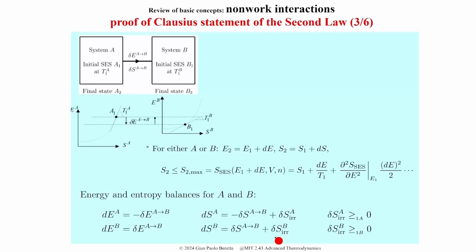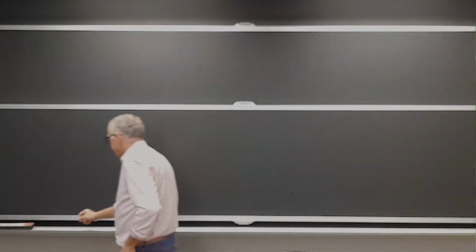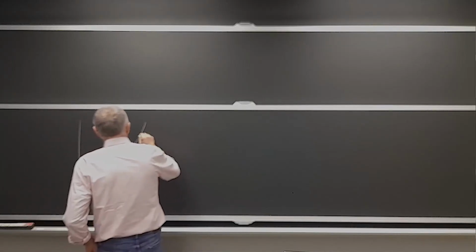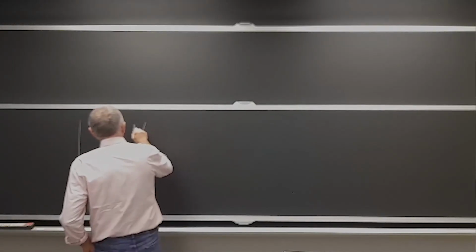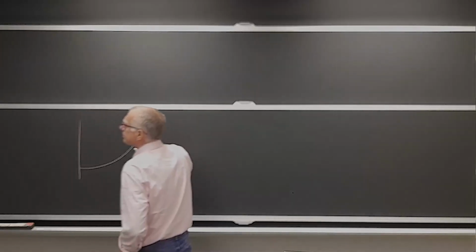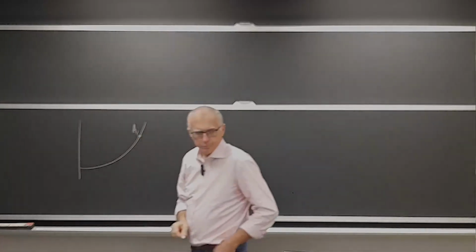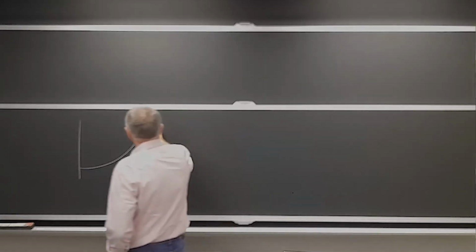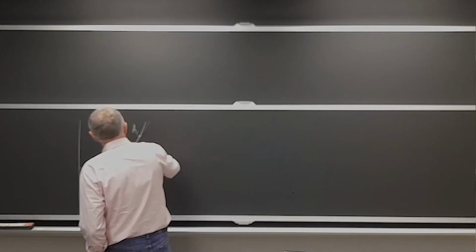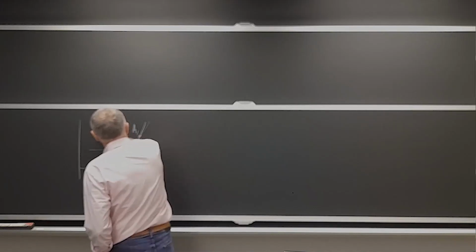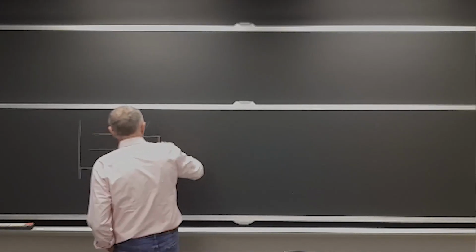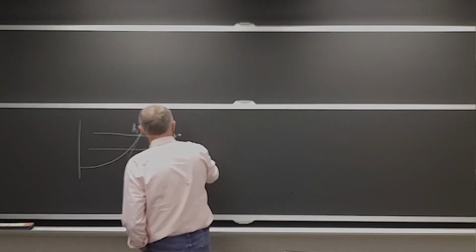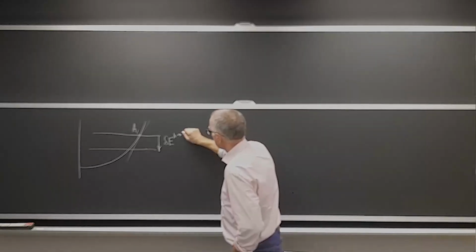Now, again, this is state A1. And we extracted this much energy. I call it delta E A out of A that goes into B.